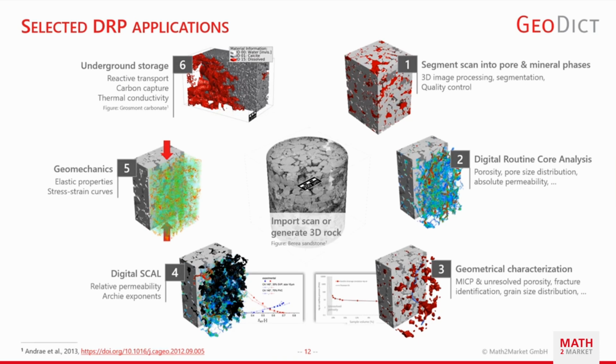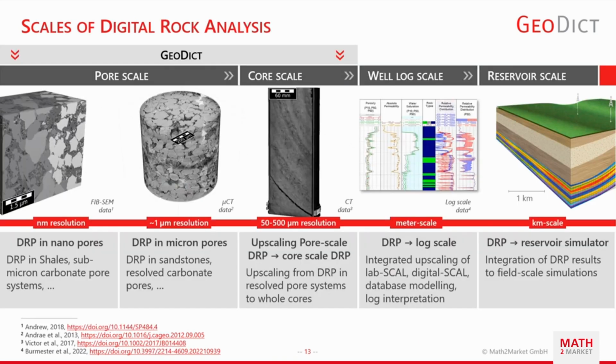And before I do so, I would get back to our topic about scales. So what scales are we tackling in GeoDict exactly? So we're looking at the pore-scale in GeoDict and at the core-scale.